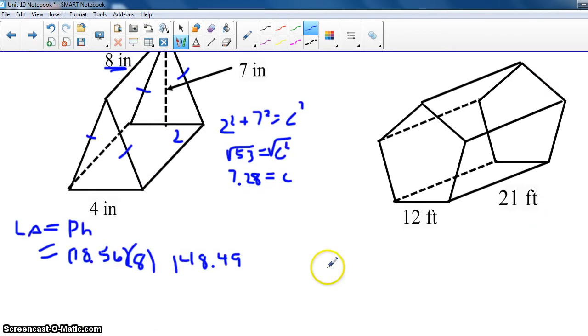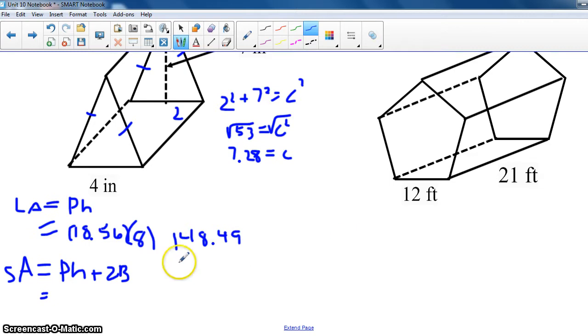Now we'll go ahead and find the total surface area. So my total surface area is Ph plus 2B. We already figured out our Ph is 148.49.